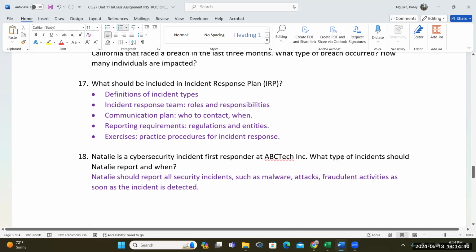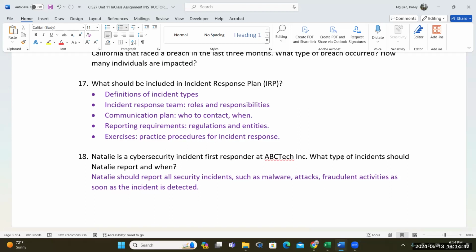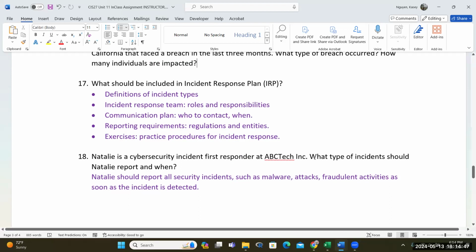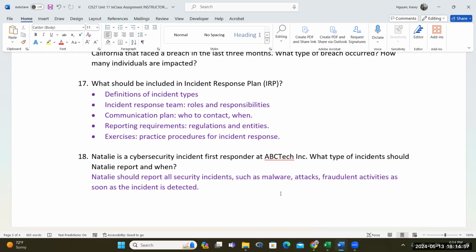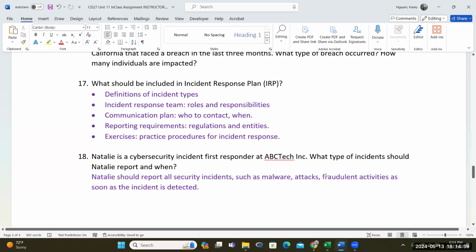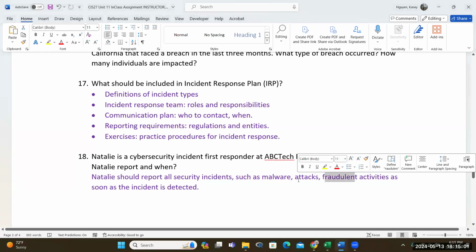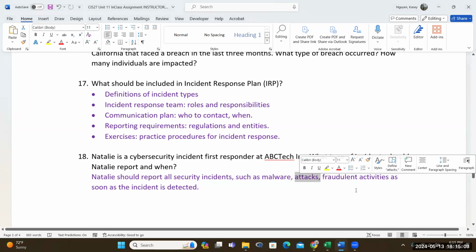Malware, attacks, fraudulent, intentional, unintentional, accidental, anything that presents any kind of data leak or jeopardizes CIA in our system, we report. We report internally, and in the case where it is fraudulent and attacks, this is a cybercrime.